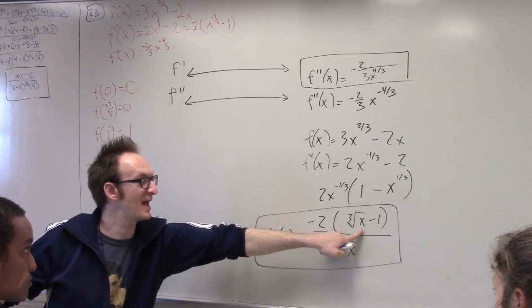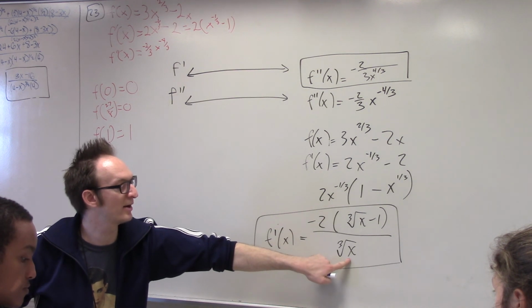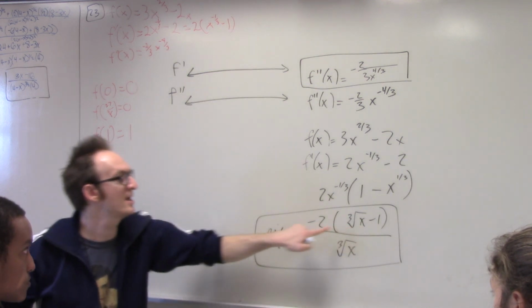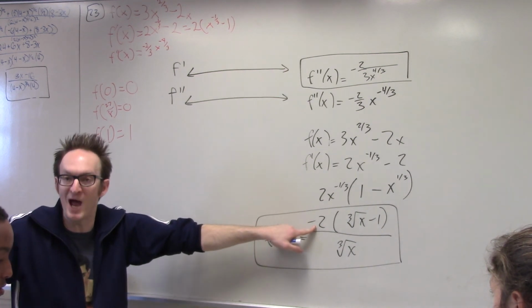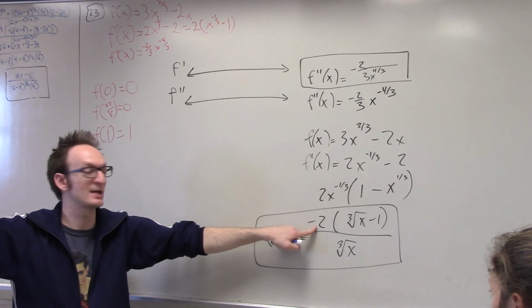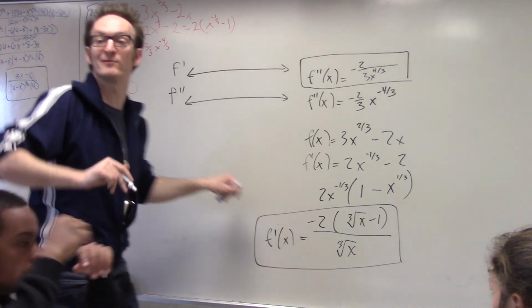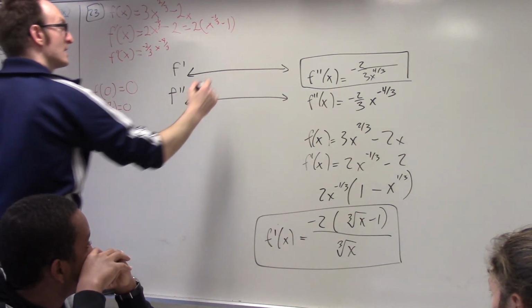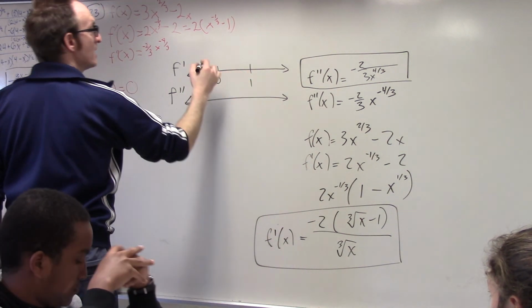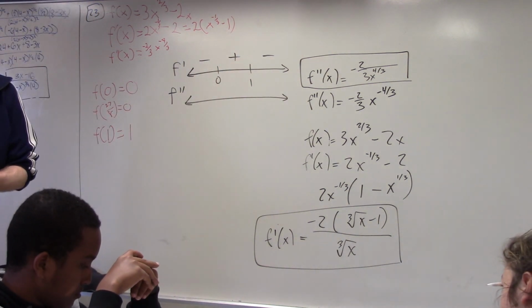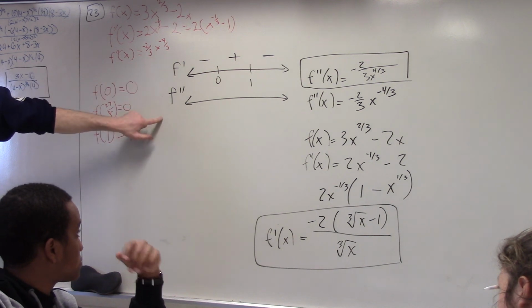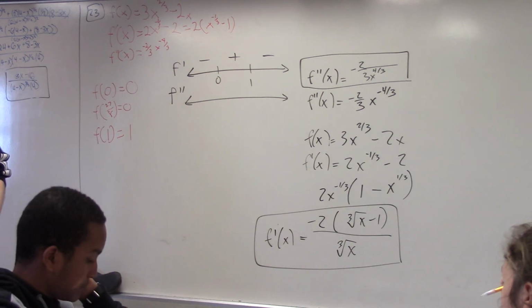So putting this all together, I have something changing sign at 0, something changing sign at 1, and a leading coefficient negative. So this might as well be just a quadratic, right? Which changes sign at 0 and 1, but has a leading coefficient negative. So the sign chart is like this, and we have 0, 1, negative, positive, negative. That's kind of hard, but that's what you have to be able to do to get this all right. You have to be able to make these sign charts correctly.